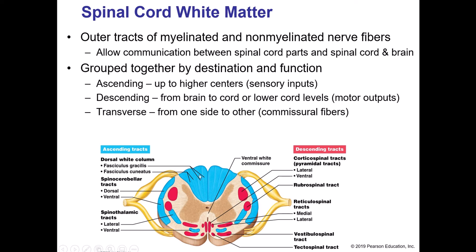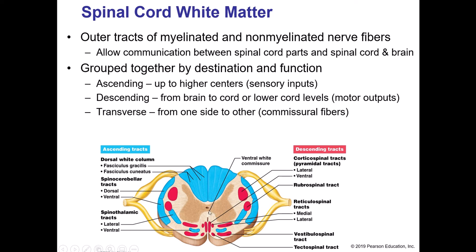So it is a mirror image here. You can see we generally break these myelinated tracts, again, communication roadways, and they get grouped together typically by where they are going, what their function is. So ascending tracts are taking sensory information up to the higher centers, and then descending tracts are sending information down from the higher centers, so more motor information.